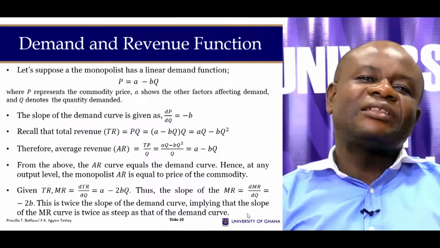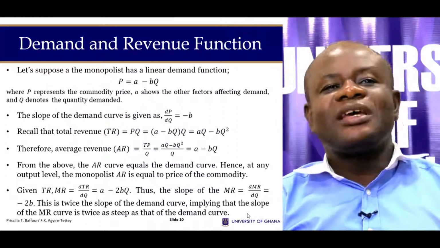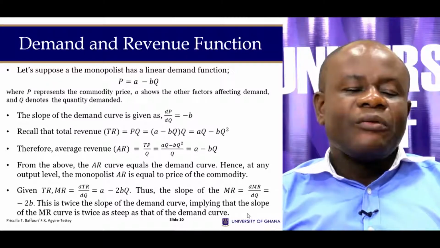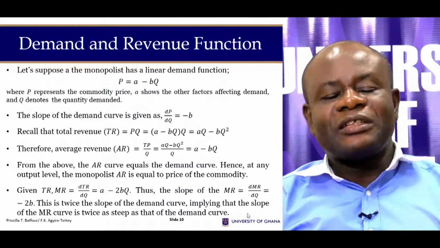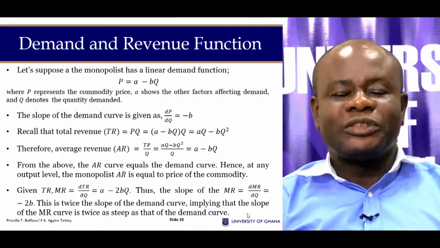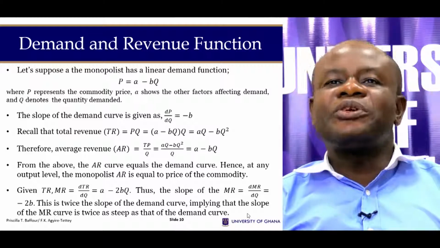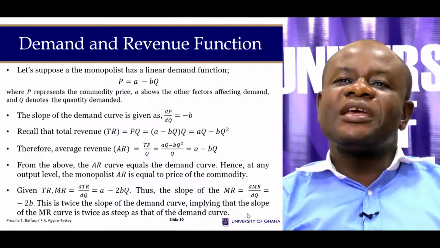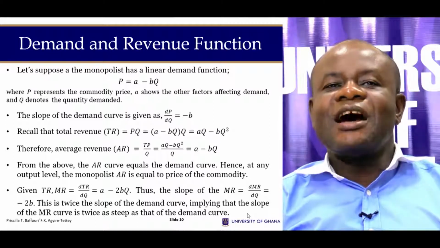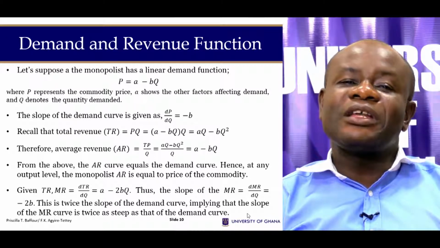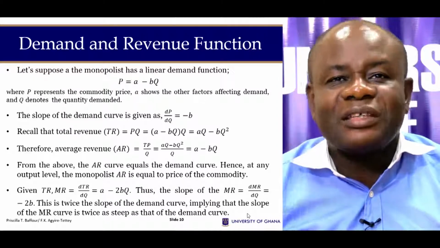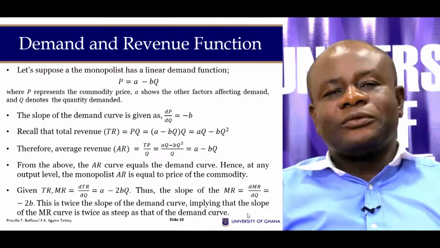Now, let's try and see the relationship that exists between the marginal revenue and that of the demand. We know that to get marginal revenue, it is the differentiation of total revenue with respect to output. Since we know our total revenue function to be A multiplied by Q minus BQ squared, when we take the first order derivative with respect to quantity, that is going to give us A minus 2BQ.